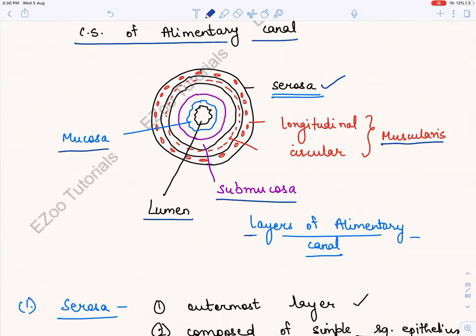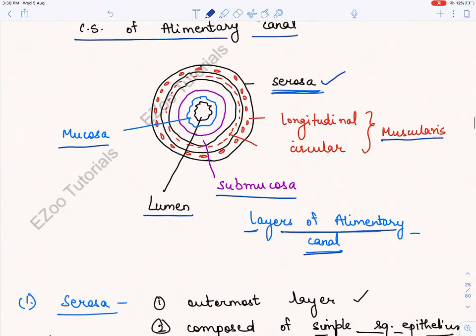These are the layers of the alimentary canal. Then we studied each layer in detail without studying the specialized structures, where some organs are specialized for the purpose of their function.